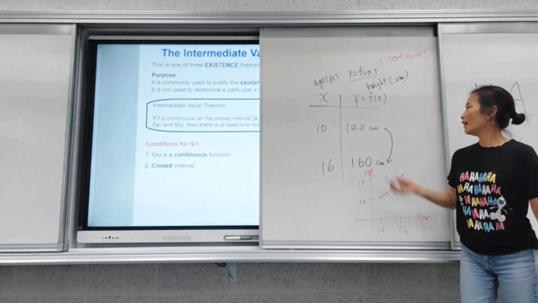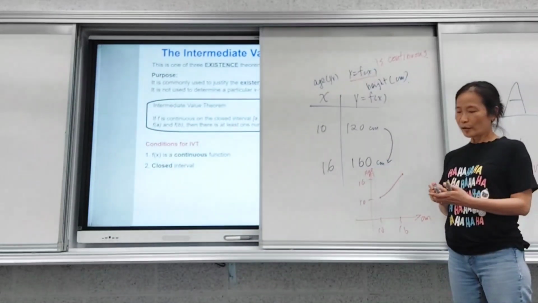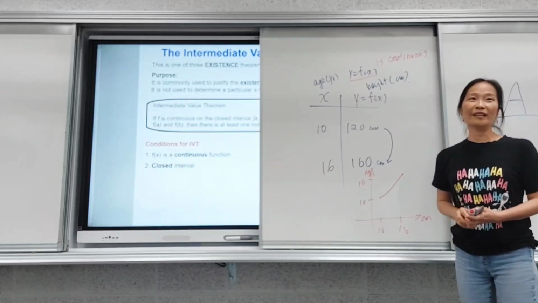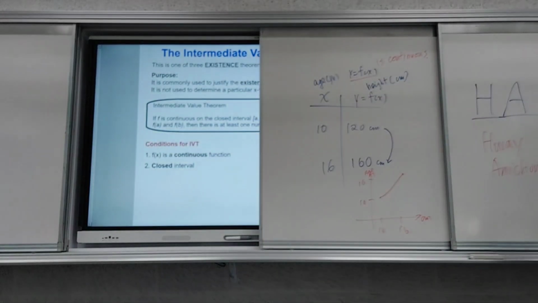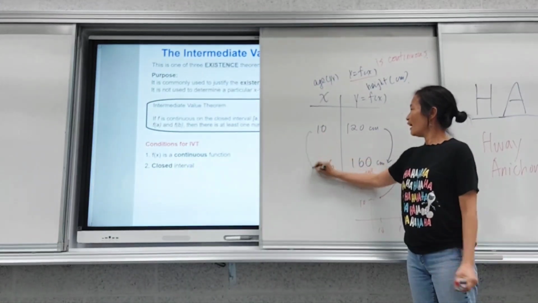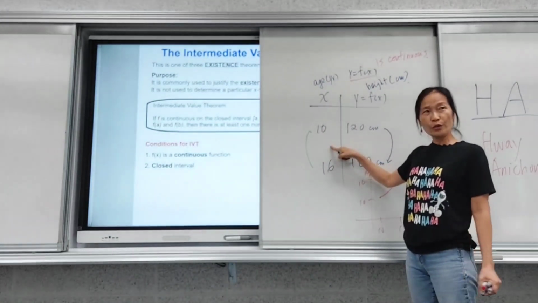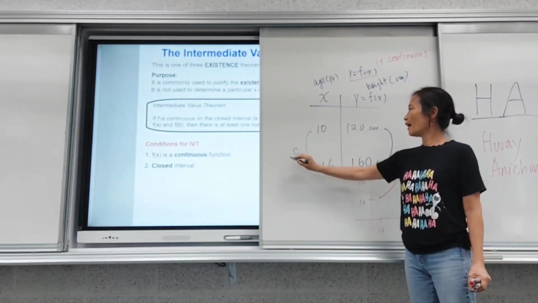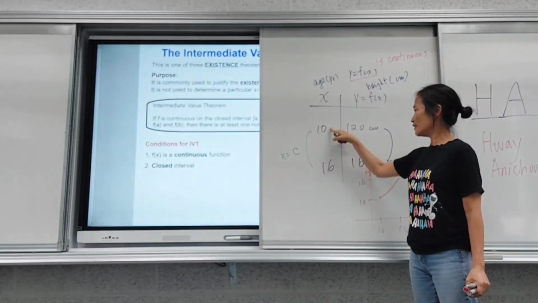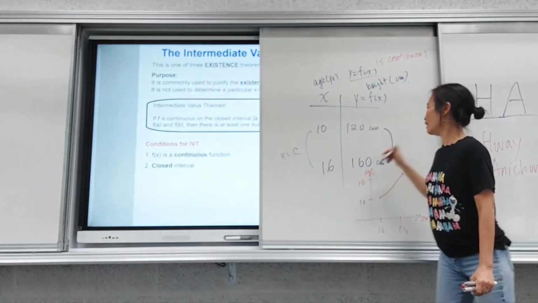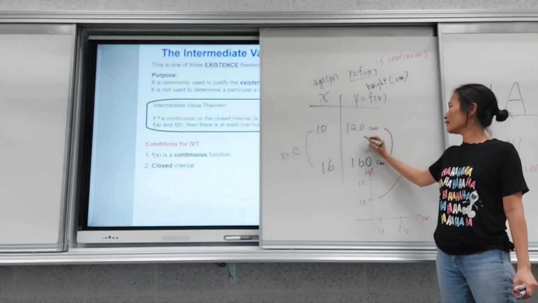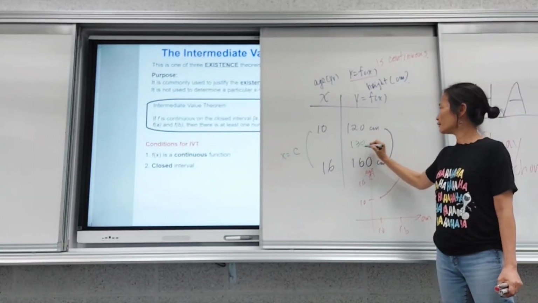So, the intermediate value theorem says, I guarantee you that at an age between 10 to 16, I'm gonna choose a height, 130.